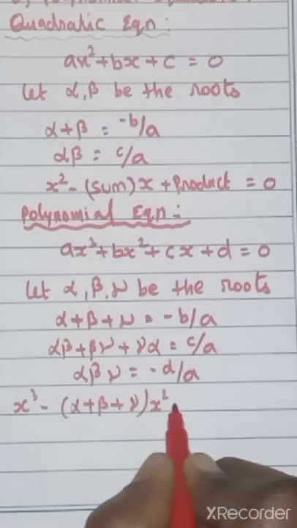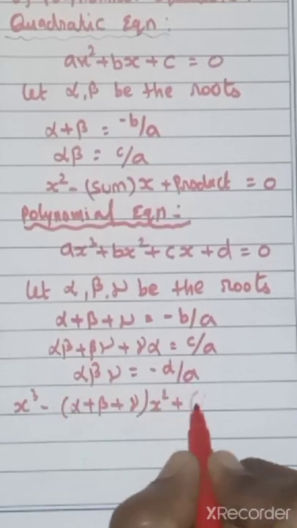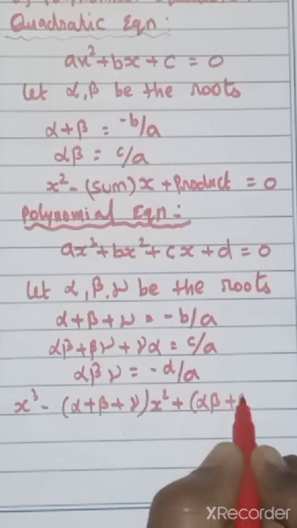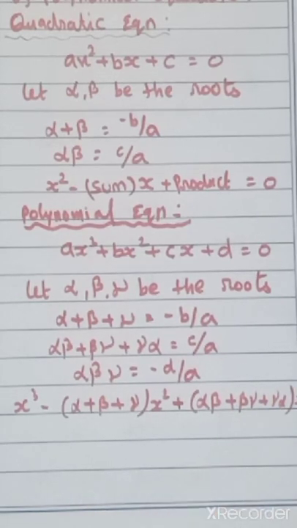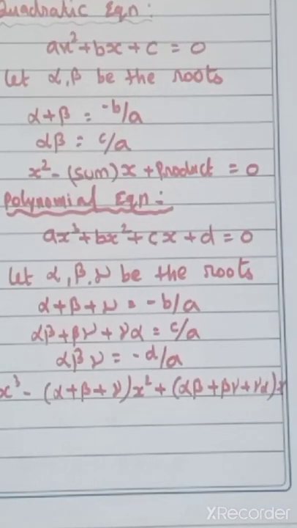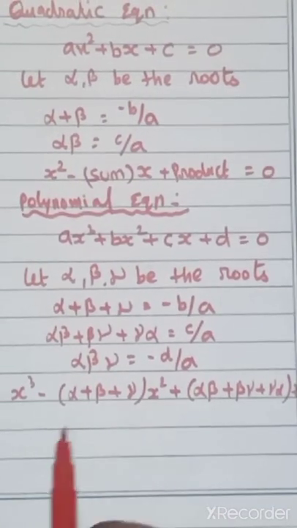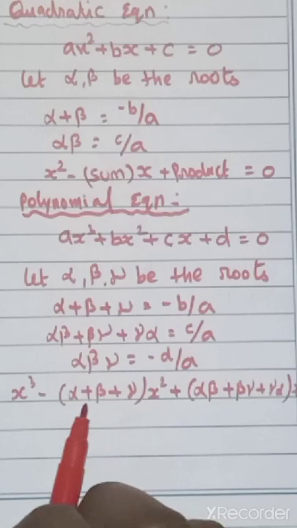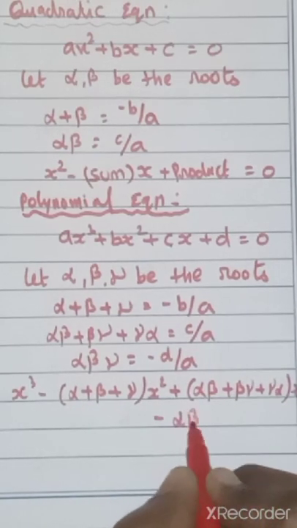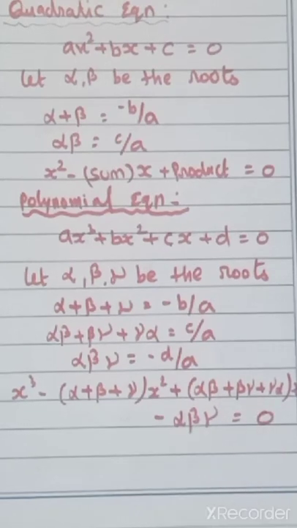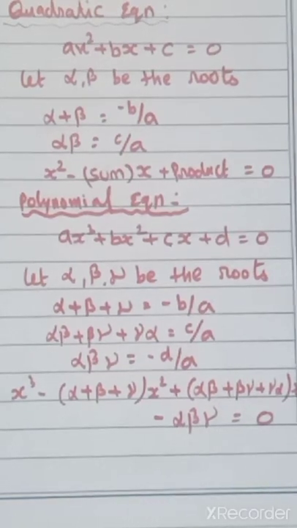Next, since the sign alternates, plus the sum of two roots, alpha beta, beta gamma, gamma alpha, into x. Correct? Next, the last one. What should come at the end? It is minus. So minus alpha beta gamma, which is equal to 0.